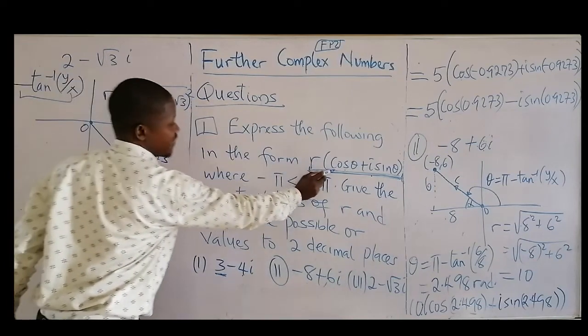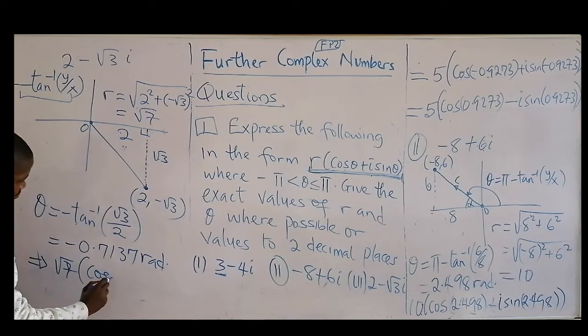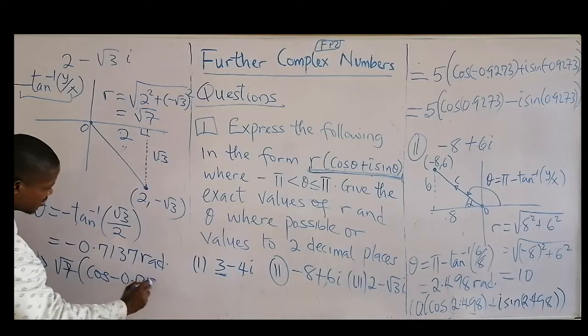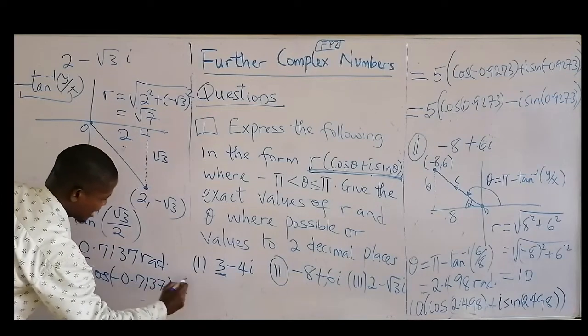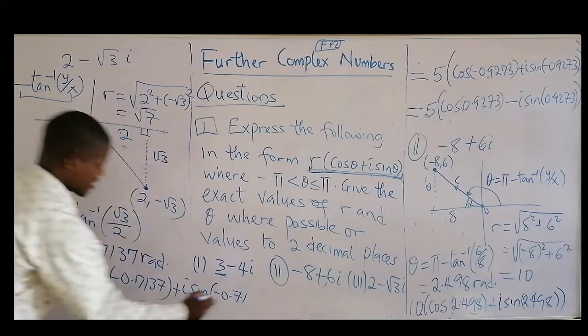Then come back and express in this form. So the answer is: the modulus is root 7, then open your bracket, cos of minus 0.7137, then plus i sin of minus 0.7137.